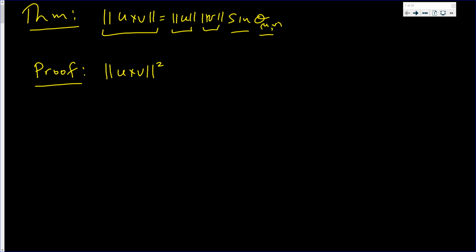The length of a vector squared is just u cross v dotted with itself, the dot product of u cross v with u cross v. But now, by one of the properties we've shown in the properties of our cross products, this is u dot v cross u cross v.